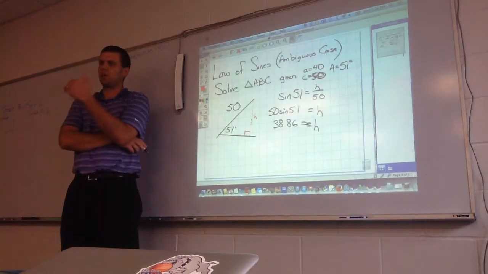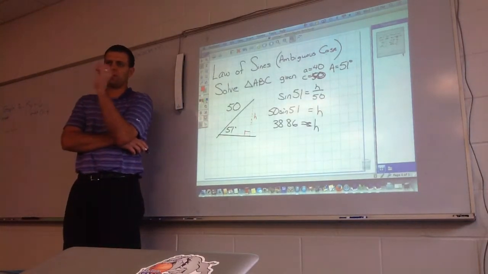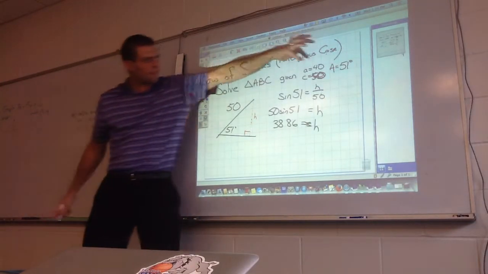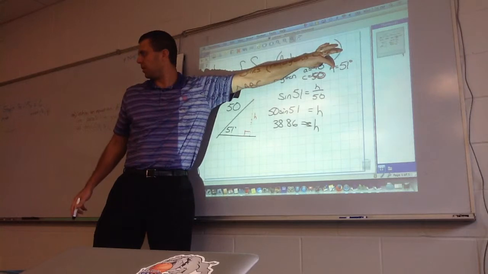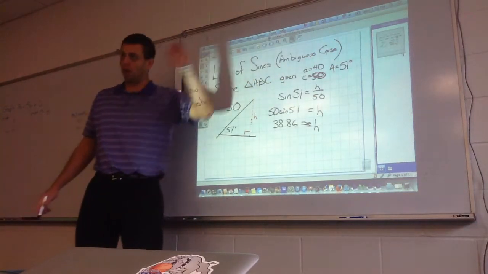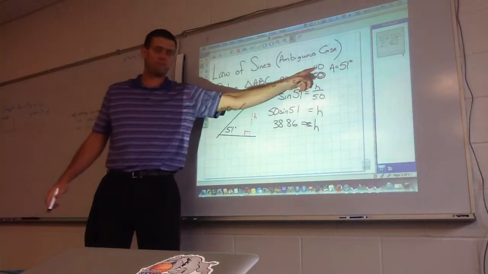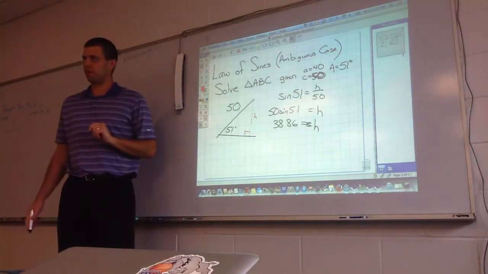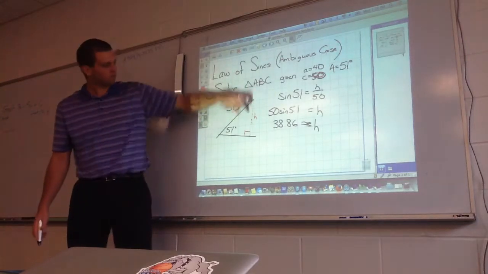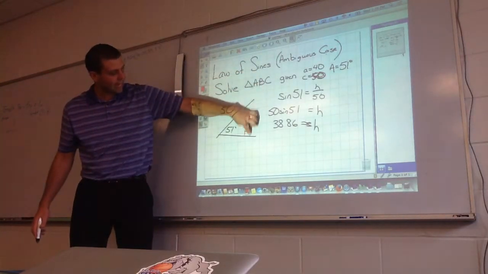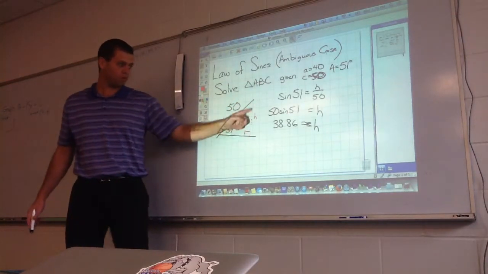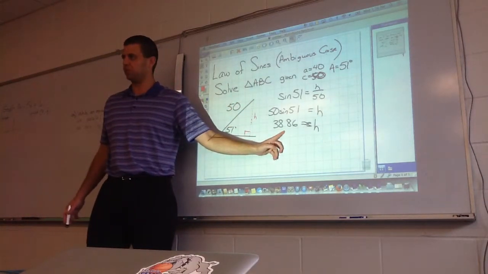Now here's the key part where you really have to follow along and follow my reasoning. Alright. They gave us angle A as 51 degrees. They gave us side A, which would be the side across from the 51, as 40 units long. Okay? If this were a right triangle, side A, the side across from the angle 51, would have been 38.86 units long.